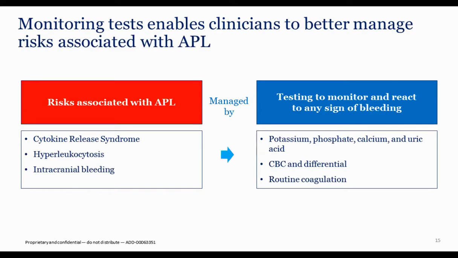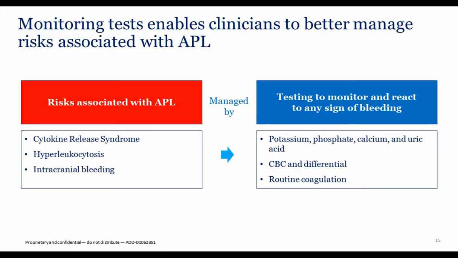Additional risk factors can be seen in patients with APL that require monitoring, and these would include things like the cytokine release syndrome, and this is a syndrome that occurs in patients who receive differentiation therapy. This causes these promyelocytes to release a lot of cytokines, and these cytokines have been associated with activating the coagulation cascade.